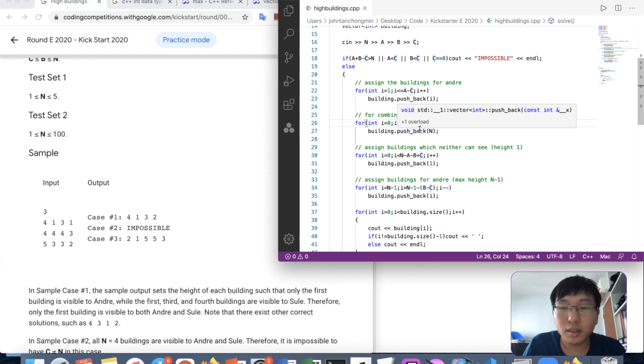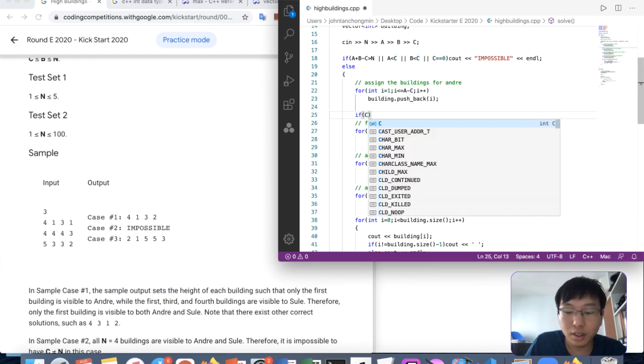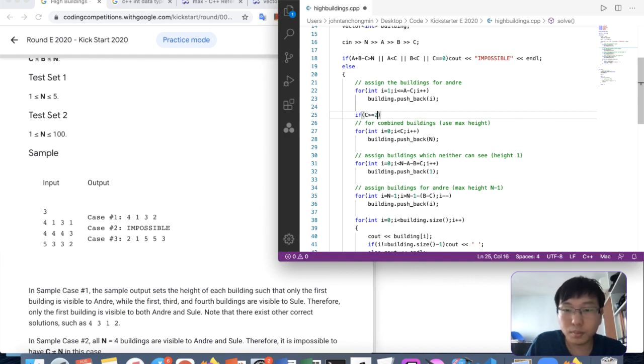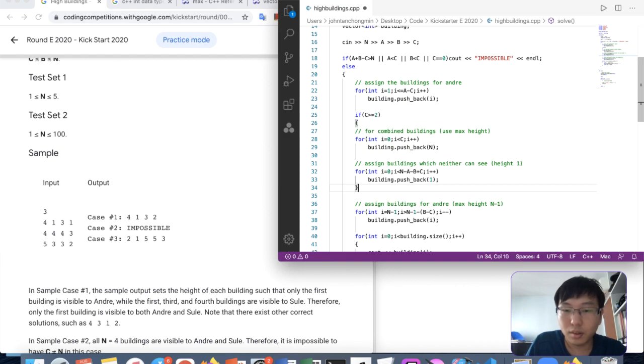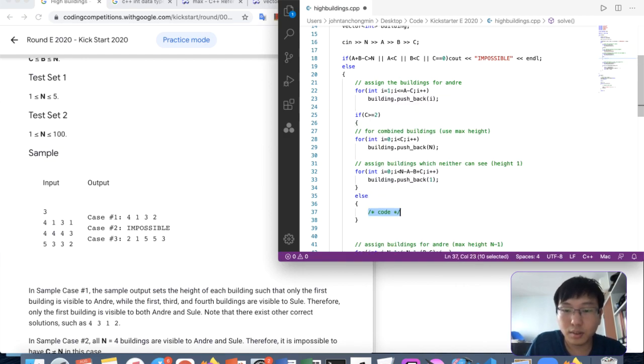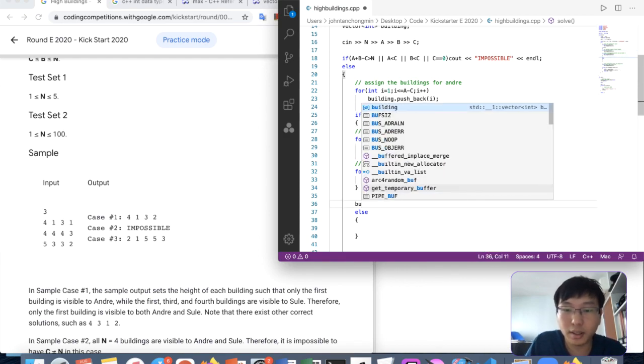So we need to do two cases. If c is greater than 2, then we can do this: we can go until c minus 1, and then building dot pushback.